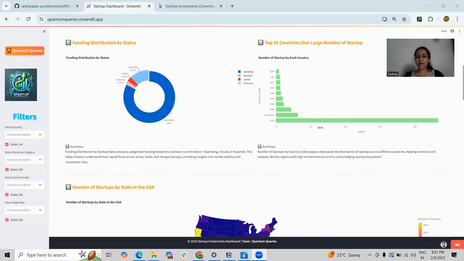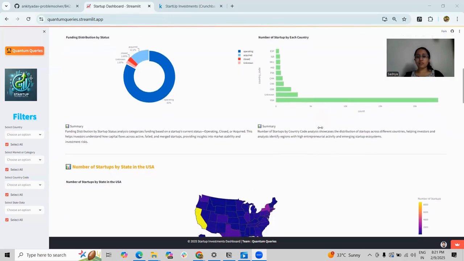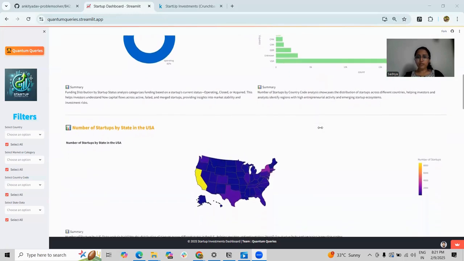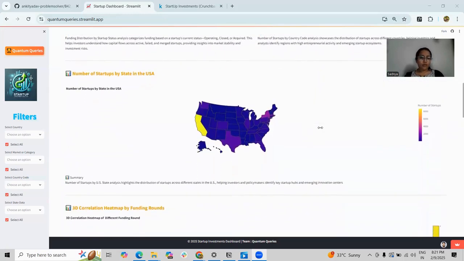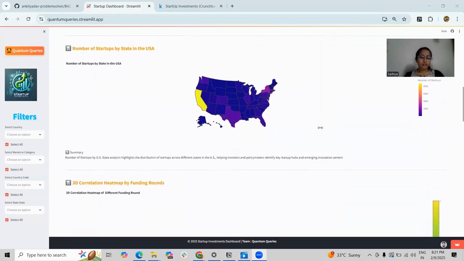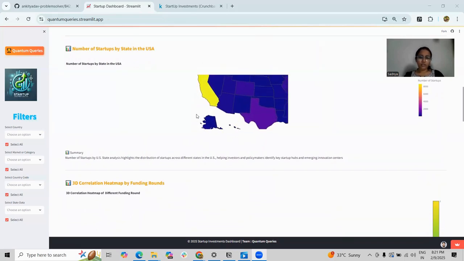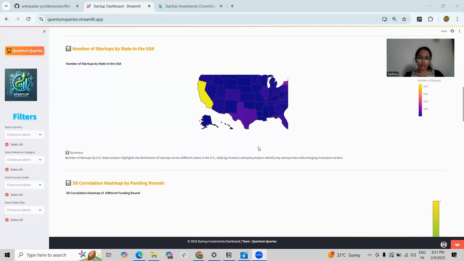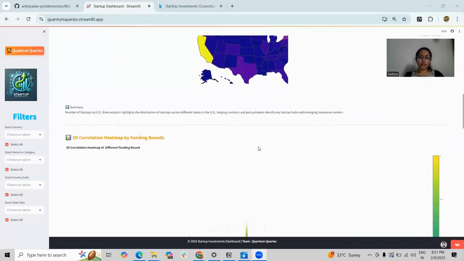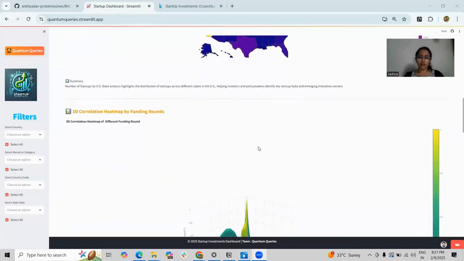So we can conclude that the USA has the most startups emerging each year. This particular geographical chart shows which country and which region has the most startups by using color.